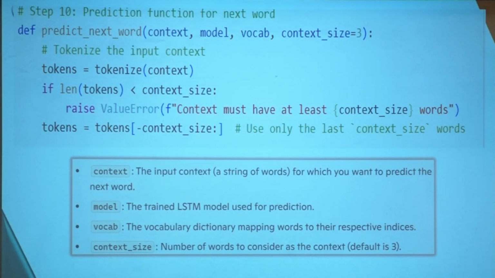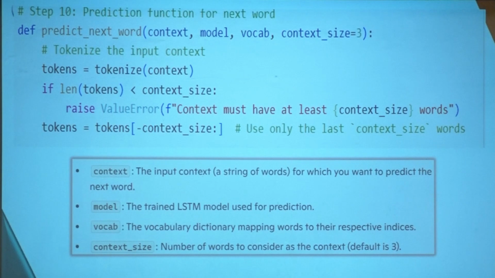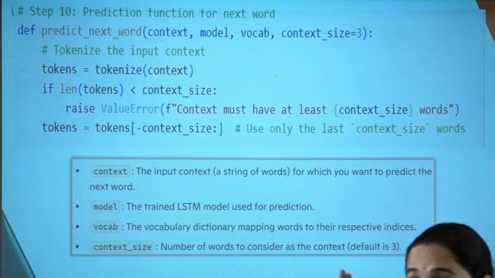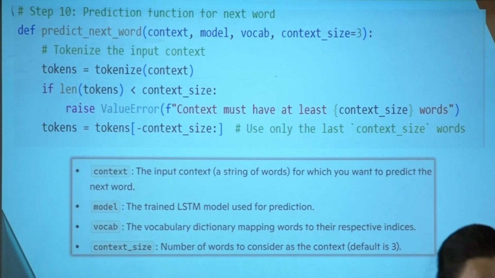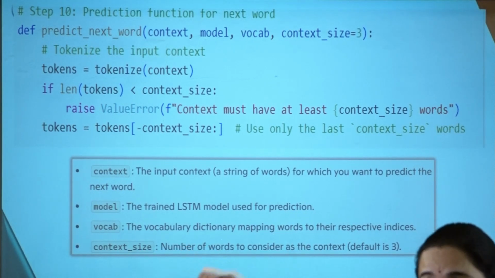Are you clear? So, tokenize input context. Obviously, when I am giving context, the machine has to understand what context I am giving. Suppose I was giving "the movie was fascinating and". All those words have to be broken down and understood by the machine as context vectors. If I understand that as a context vector, then I will give you the 4th index of the word that has to be predicted.